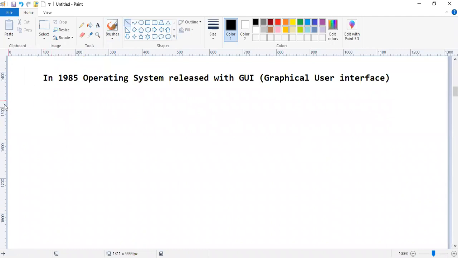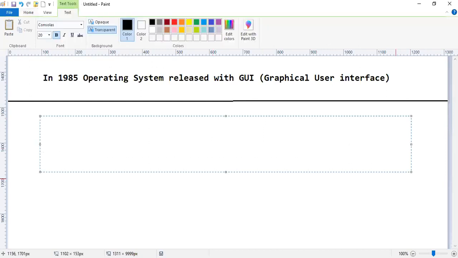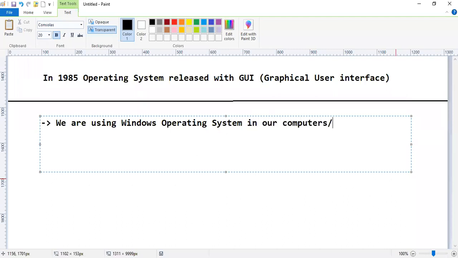Windows operating system, given by Microsoft, is used for personal use. Currently, we are using the Windows operating system in our computers or laptops.